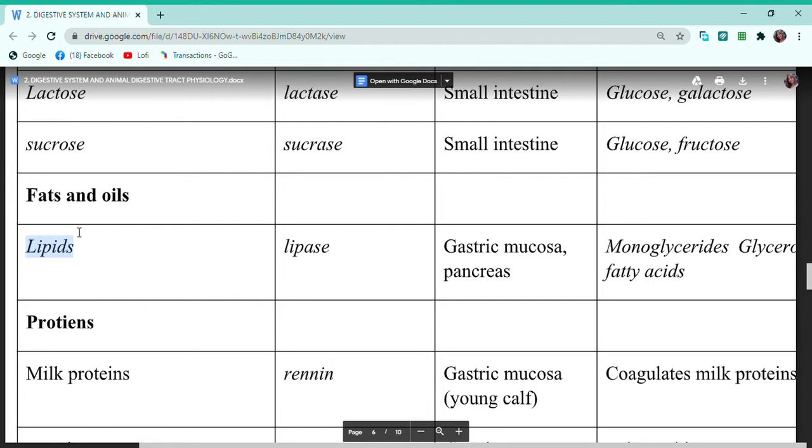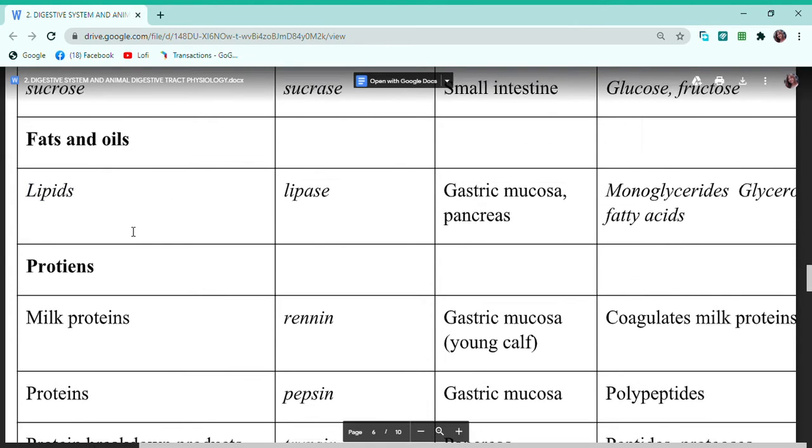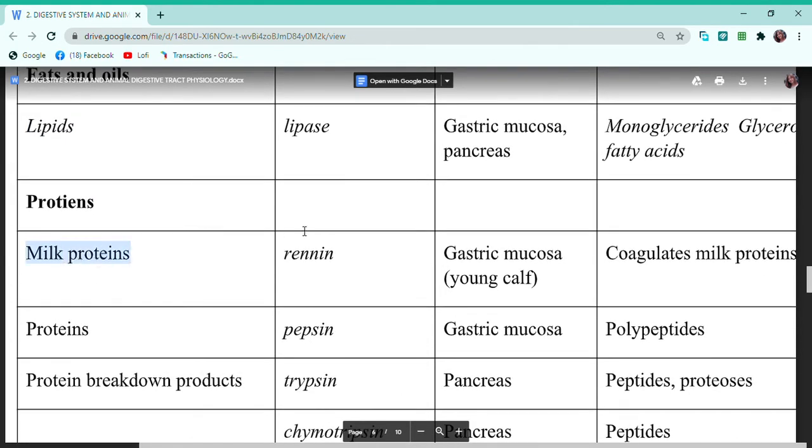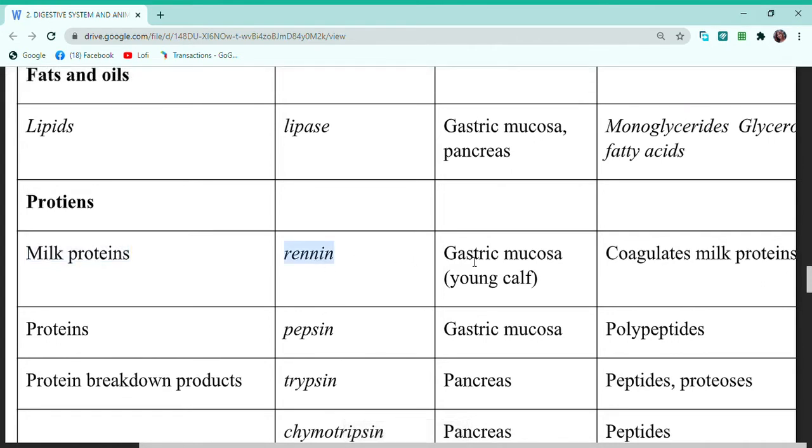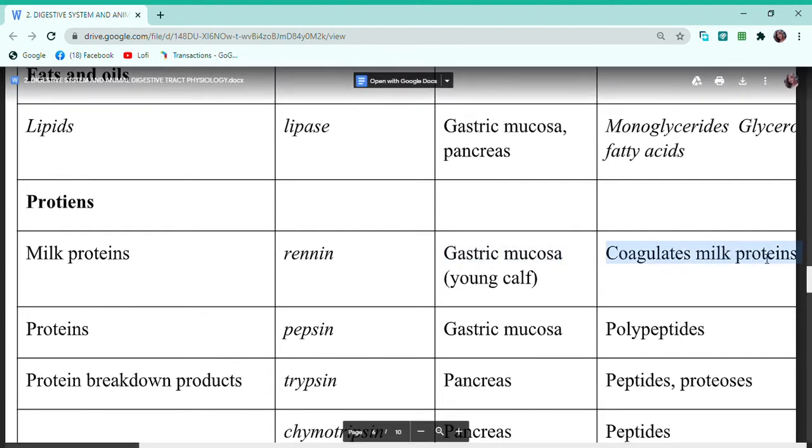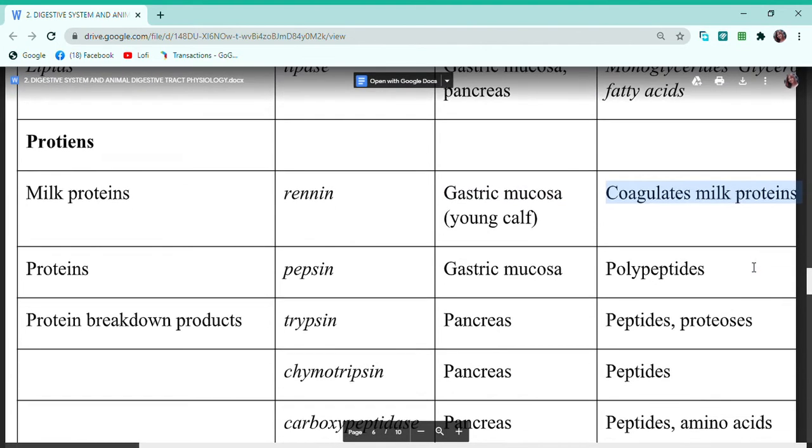Okay. If the substrate of the protein is milk protein, it will be acted upon by rennin from the gastric mucosa of young calf, and it will coagulate the milk protein. Okay.